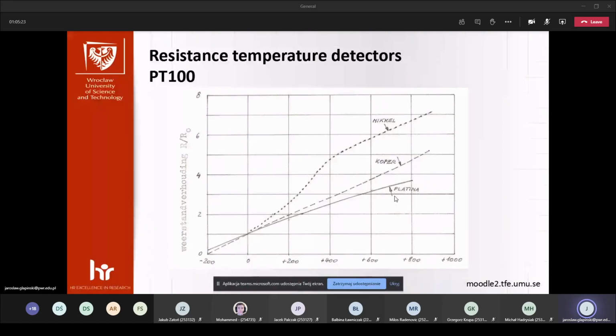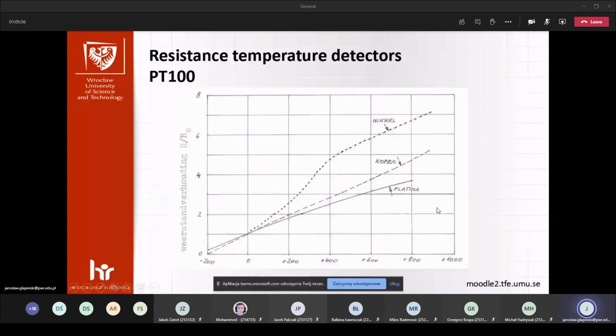Copper is not very good as a material because it can oxidize, it can change the mechanical properties, and we can't make the copper sensor for higher temperatures. So generally the gold standard for the measurement was taken by platinum.